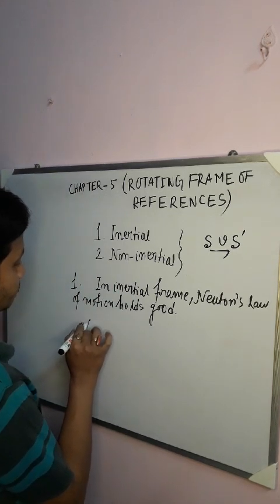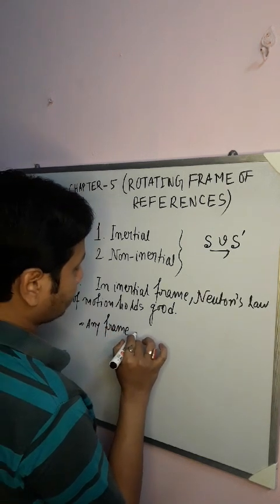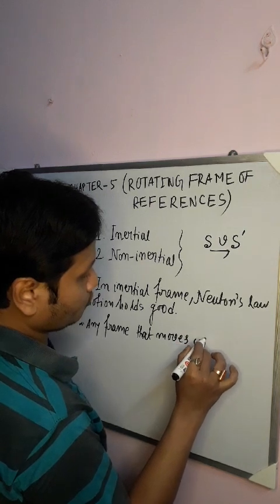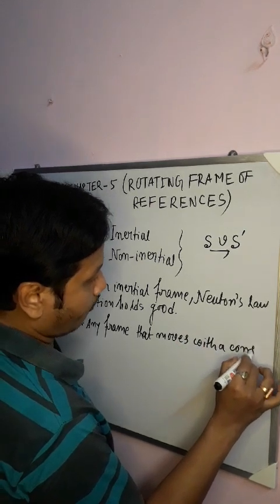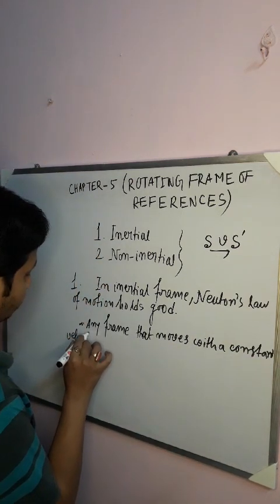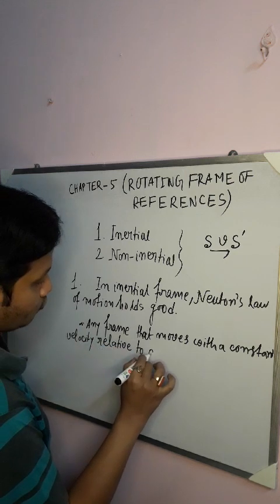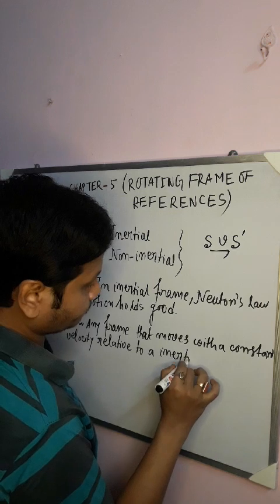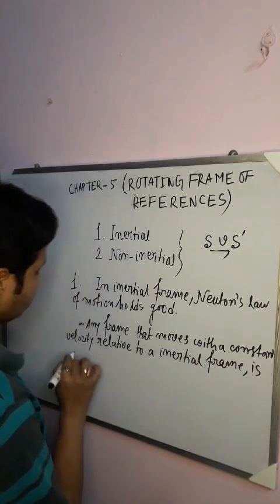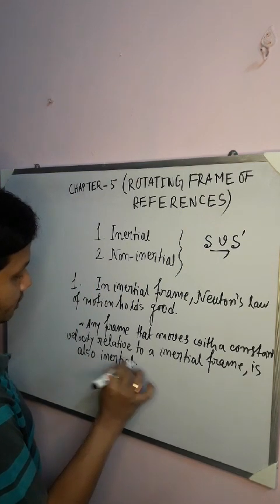So any frame that moves with a constant velocity relative to an inertial frame is also inertial.